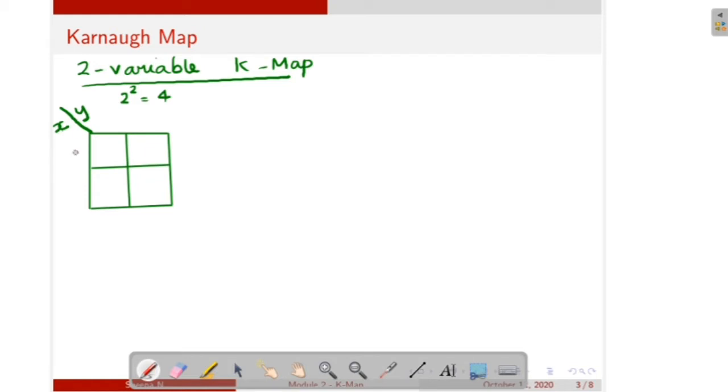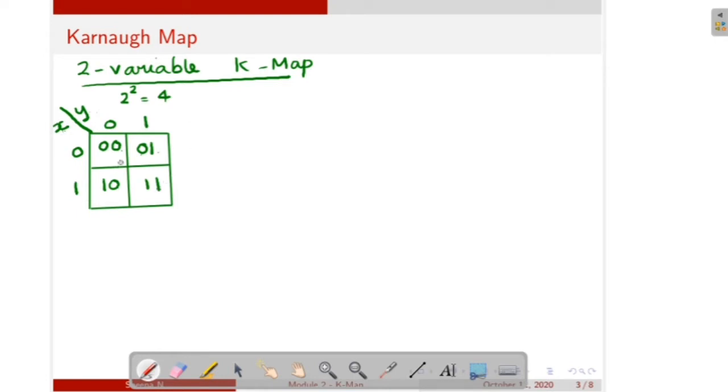So x can have values 0 or 1. Similarly, y can have values 0 or 1. Okay, so this square represents 0, 0, and this square represents 0, 1. Here it is 1, 0, and here it is 1, 1. We take this order: xy 0, 0, xy 0, 1, xy 1, 0, xy 1, 1.